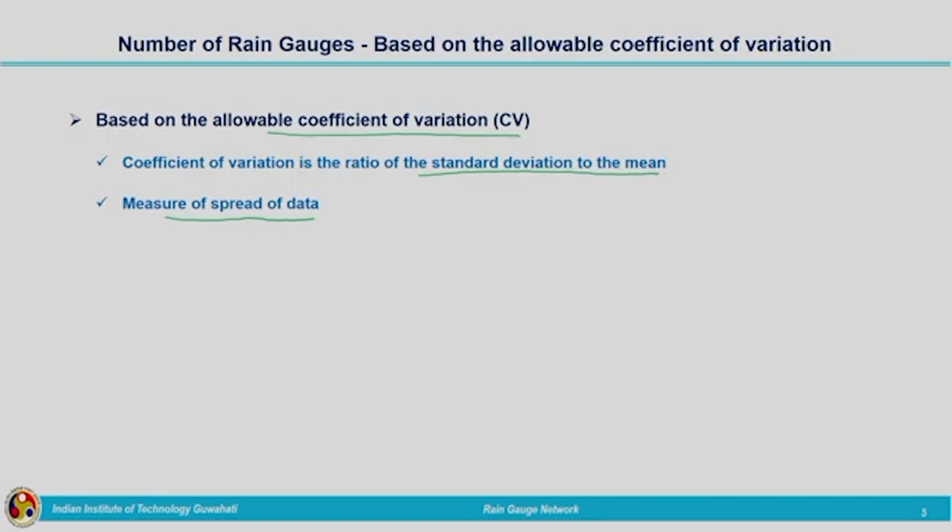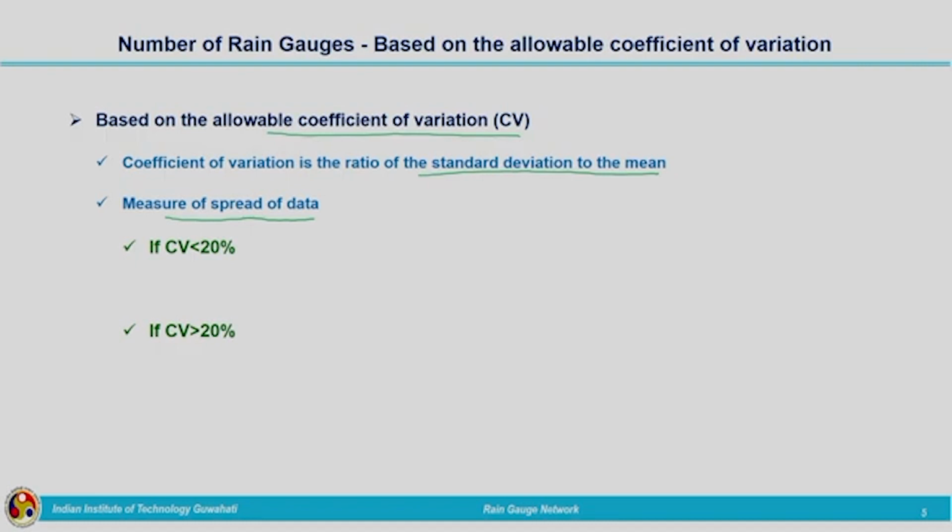That we can understand based on the coefficient of variation. Whether the coefficient of variation is less than 20% or greater than 20%, based on this we will tell whether the number of rain gauges present is correct or optimal.